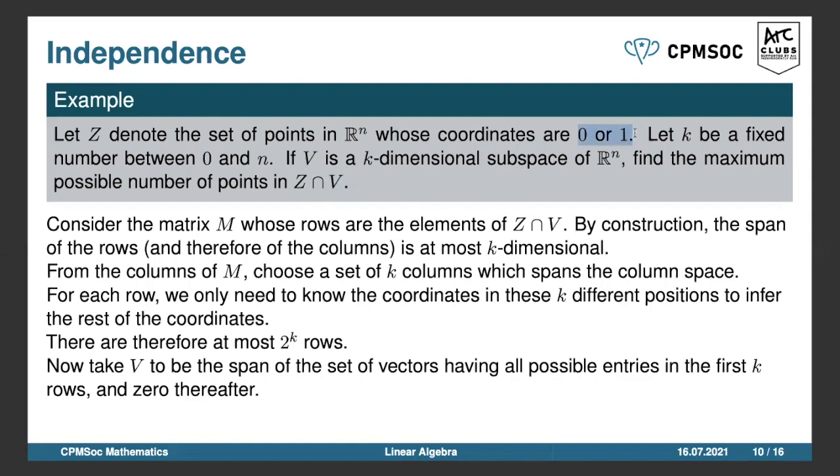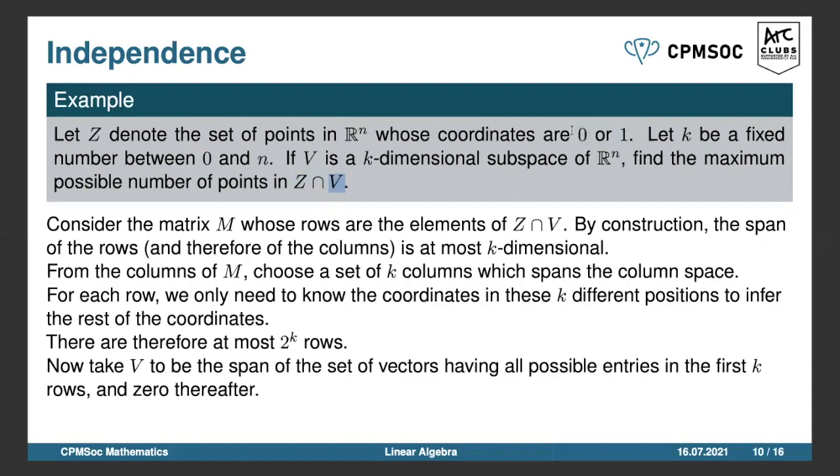There's 2 to the k of those. We can put those as the rows of our matrix as the elements of this intersection. And the span of that set of vectors is what we will call our V.